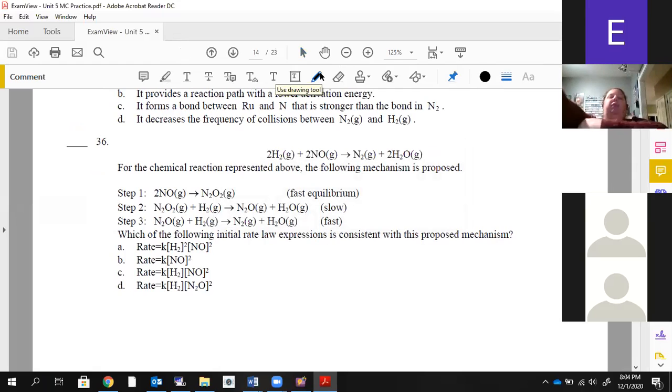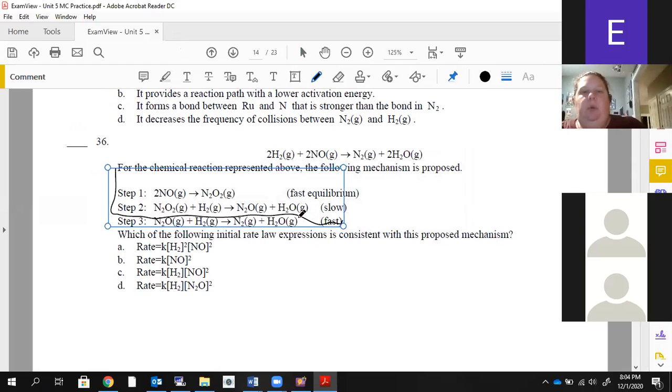And so to find our rate law, when we have a mechanism, we look up to and including the slow step. So in this case, that's going to be step 1 and step 2. If I just look at those 2 steps, I can see that N2O2 is acting as an intermediate, so it's going to get crossed out.